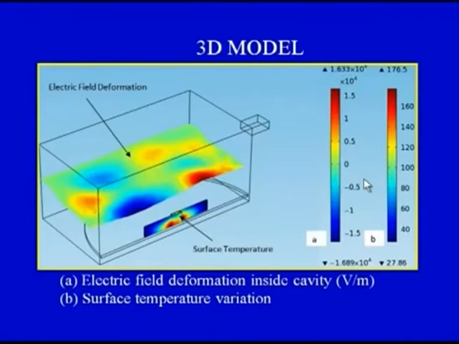Now here we can see this is a three-dimensional model. Just briefly we can see what type of output we get. We can get output in terms of the electric field deformation inside the cavity and the surface temperature variation. This is now the microwave total cavity. These are the two adherents which have been kept together, and this is the input port, and we can get the output, that is, what temperature is being generated at specific locations inside the microwave cavity.